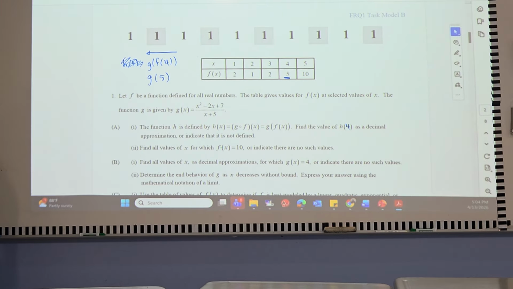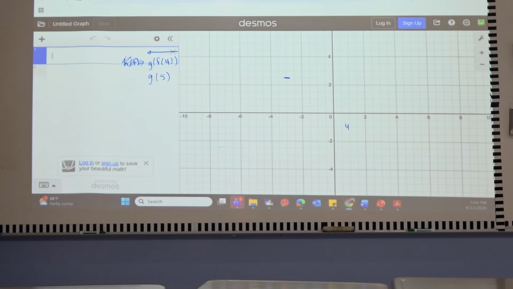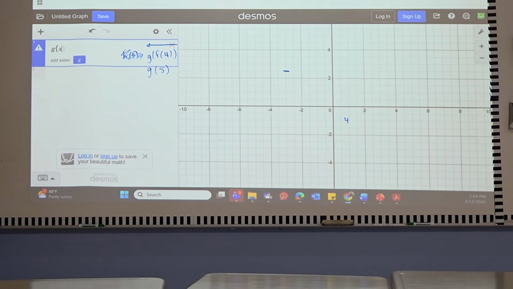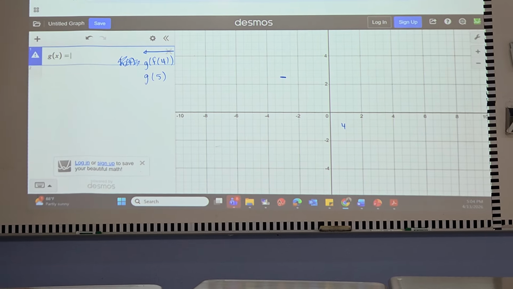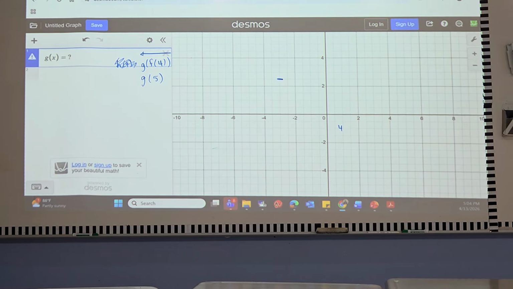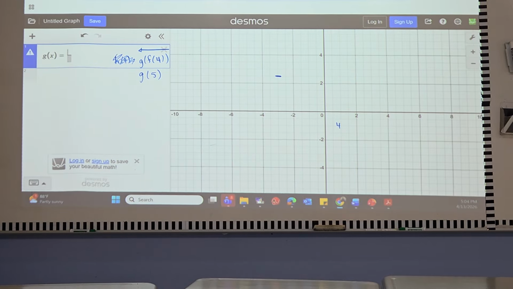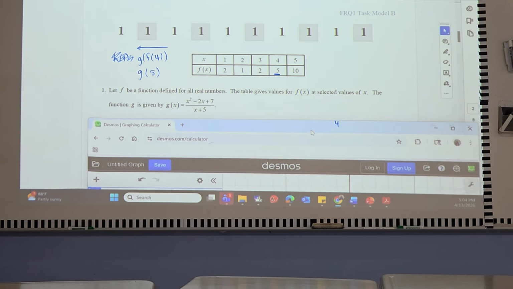So now, if we go to decimals, we put G of X. G of X equals... Right there you go. So the equation was, I forgot it. Let me see.